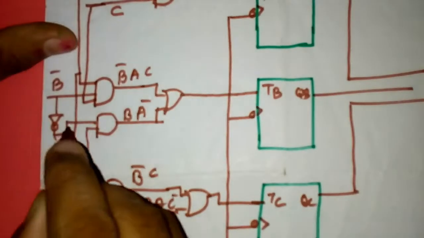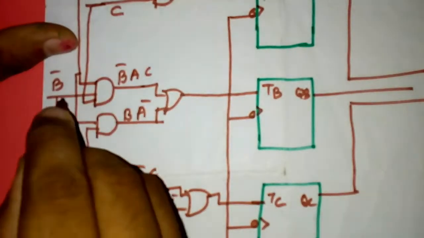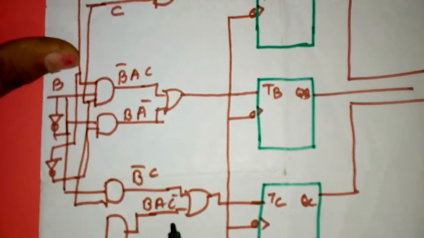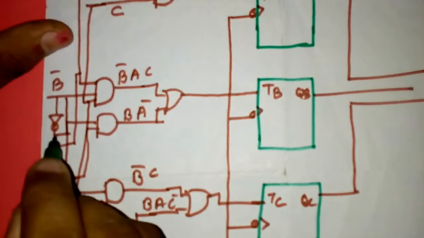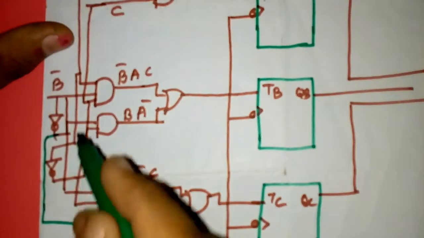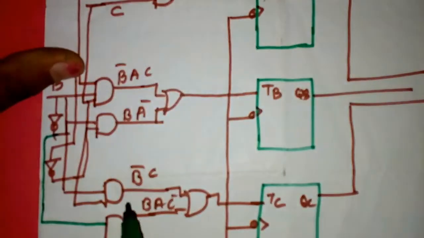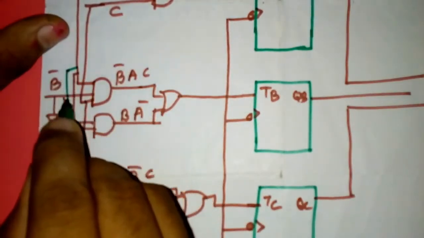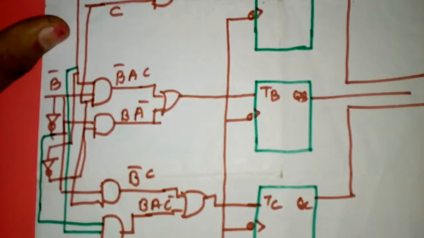So for B bar C, this one is B bar, after that we connect C. For B A C bar, this one is B, this is A, and this one is C bar.